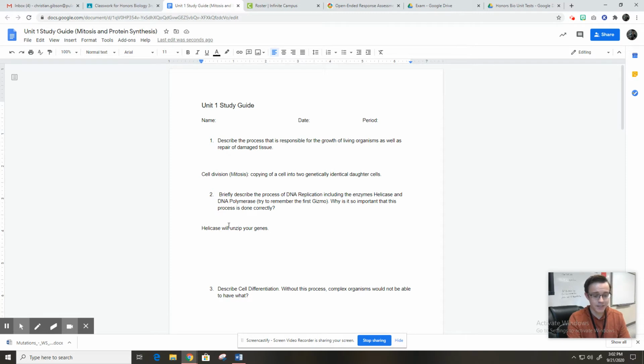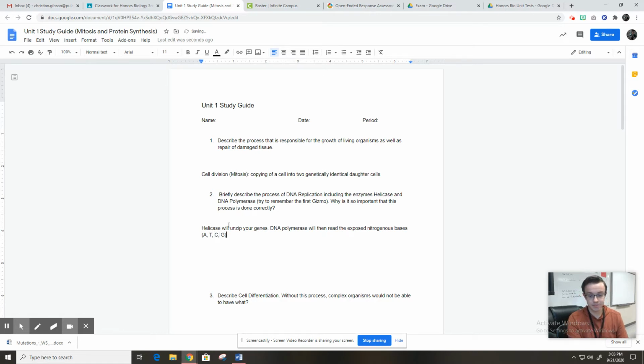So once your genes are unwound and unzipped and opened up, your DNA polymerase will then read the exposed nitrogen bases, which remember are A, T, C, and G, your adenine, thymine, guanine, and cytosine, and will copy each strand of DNA.